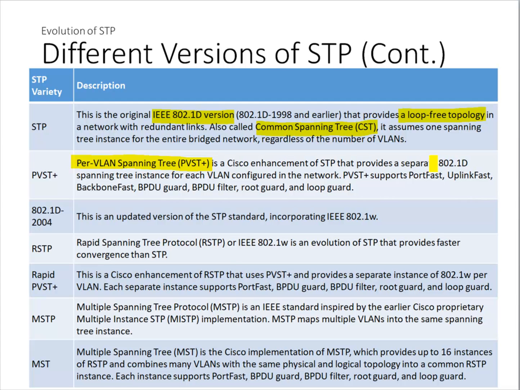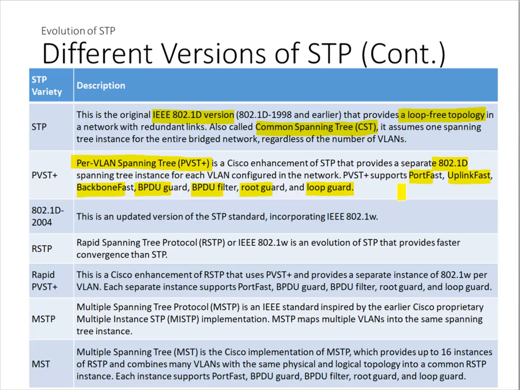Here also we maintain a loop-free topology in different VLANs, and PVST plus supports PortFast, UplinkFast, BackboneFast, BPDU guard, BPDU filters, root guard and loop guard. These are the additional features included; that is what the plus stands for.